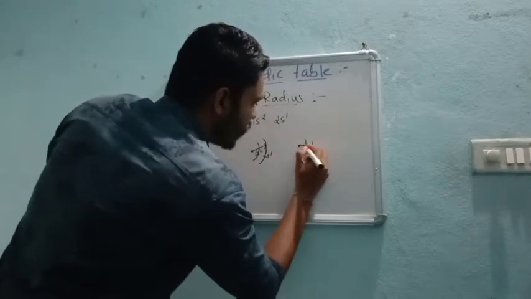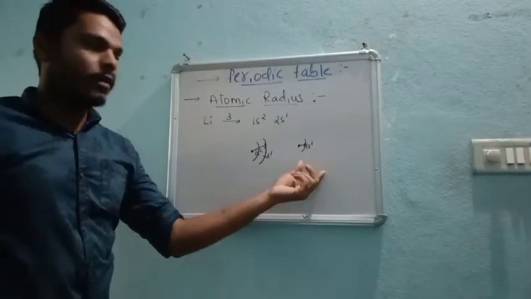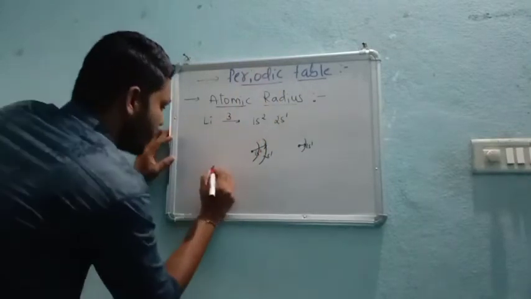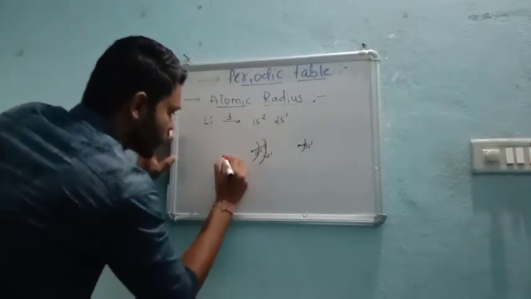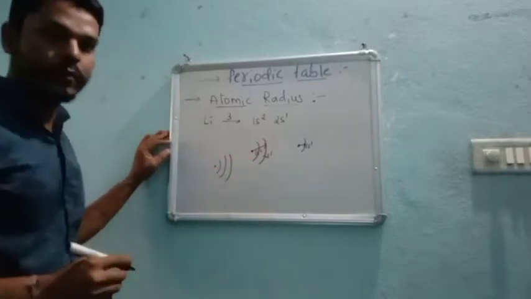That means the atomic radius of hydrogen is this much. If sodium, take sodium: 1s2, 2s2 2p6, 3s1.